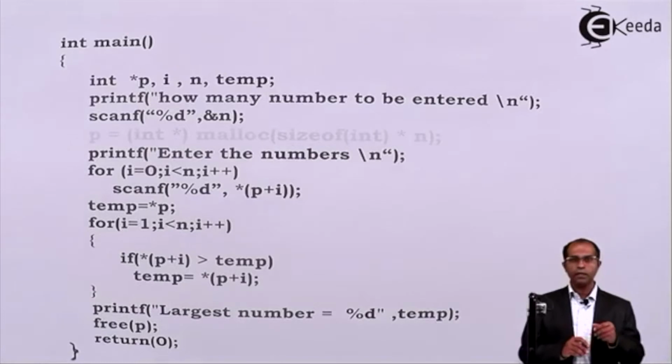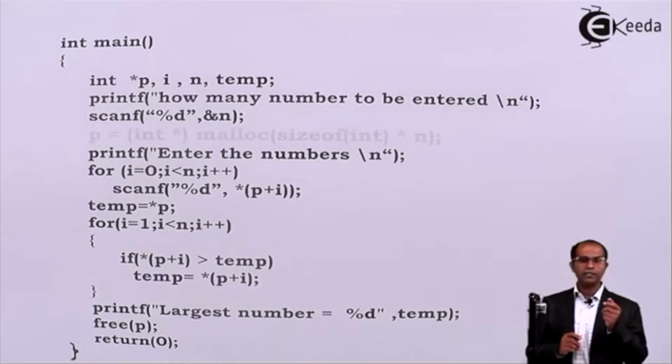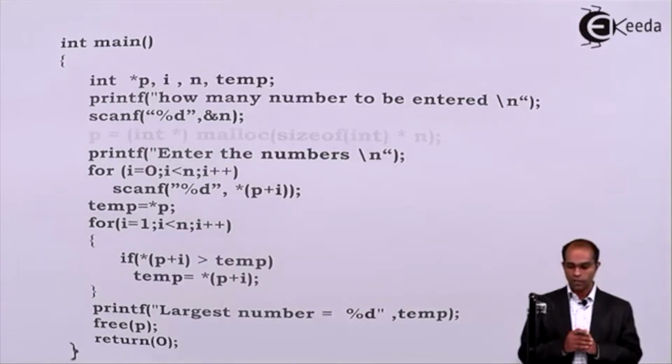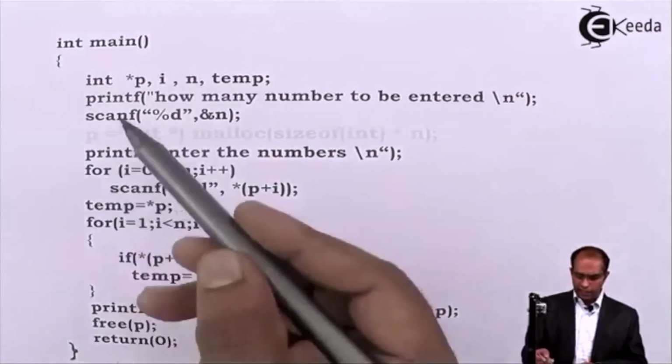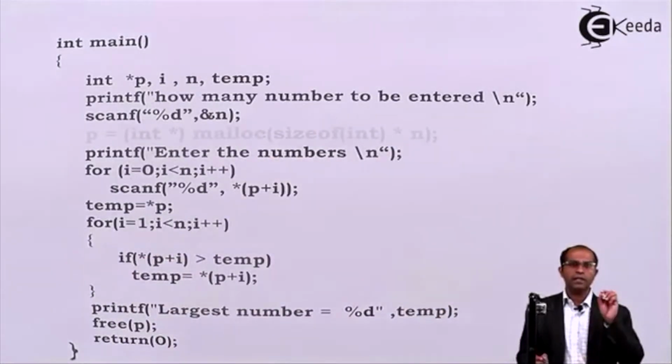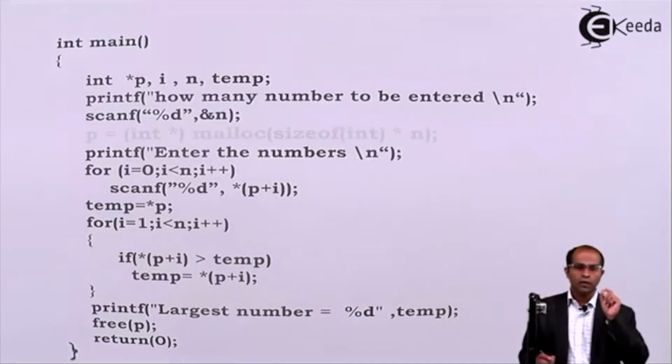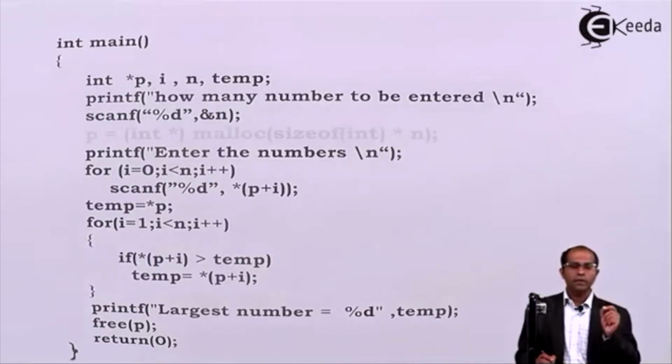To illustrate malloc for a one-dimensional array, let us go for a simple program to find the largest of a given set of integer numbers. Now you must scan the entire code, and in this entire code you will not have any reference to a one-dimensional array, but internally a pointer behaves as if it is a one-dimensional array.